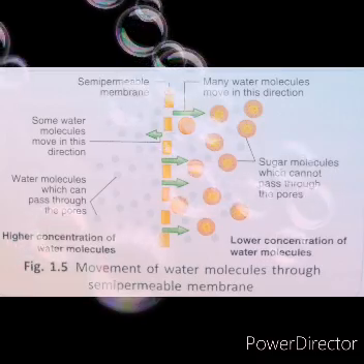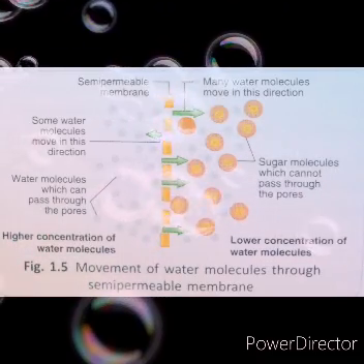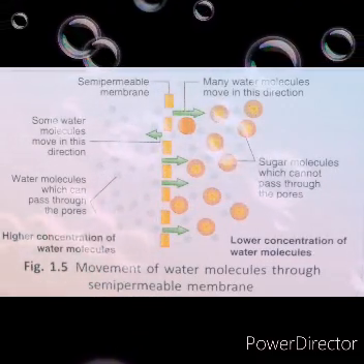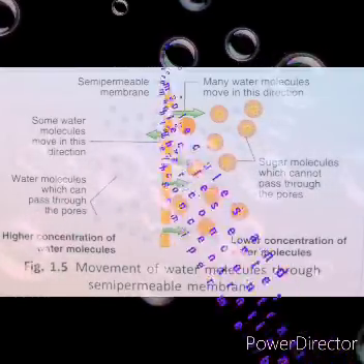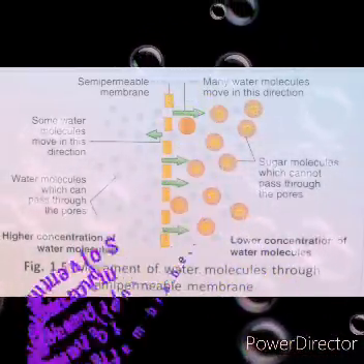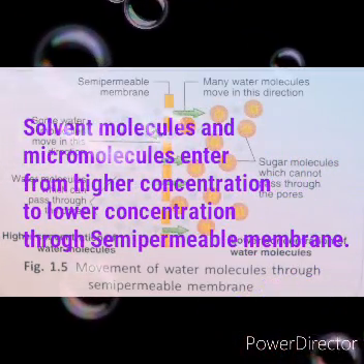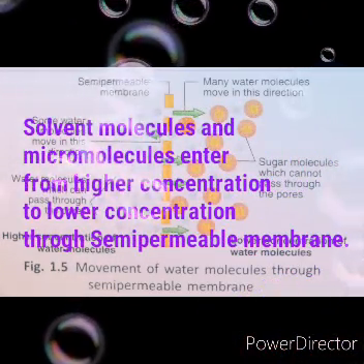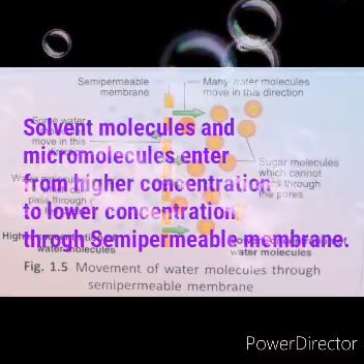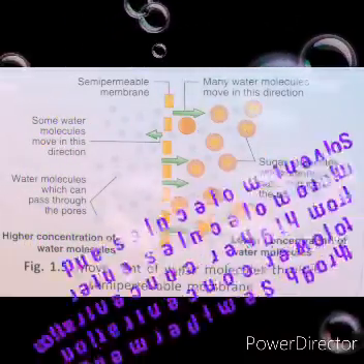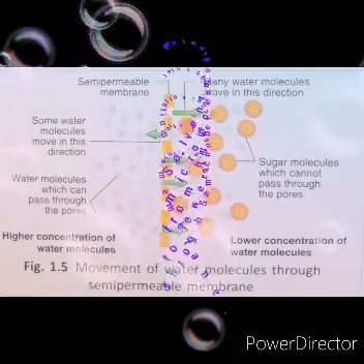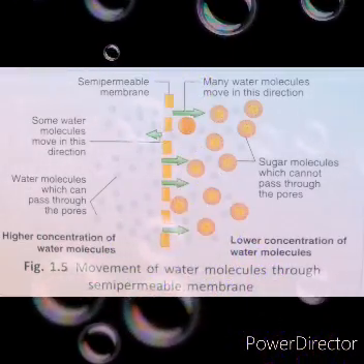Now we will talk about the process of osmosis, the movement of solvent molecules, that is water, from the region of higher concentration to the region of lower concentration. For this we can take an easy example of the tissue paper kept in a sieve where we are filtering the tea.